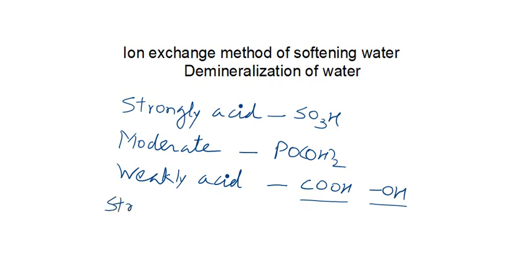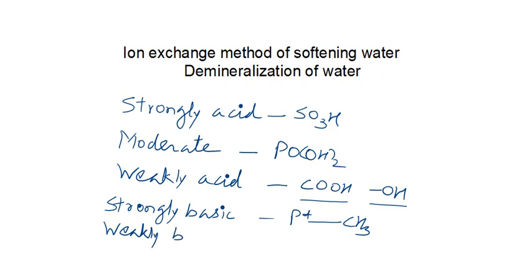The basic resins, the next type, are also strongly basic and weakly basic. Mostly they are of quaternary ammonium salt type in nature.